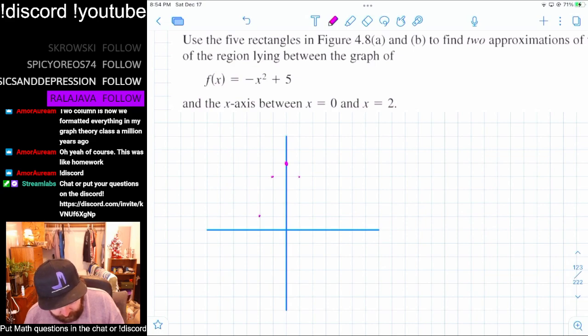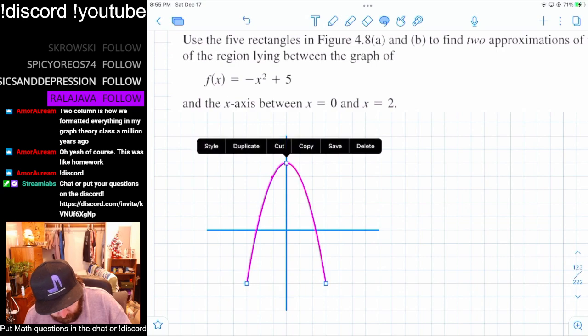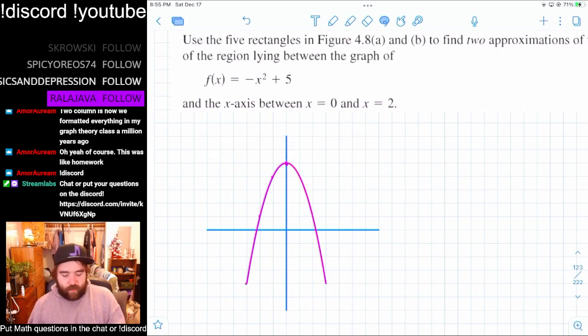I want it to be perfect. There we go, so there's our parabola.